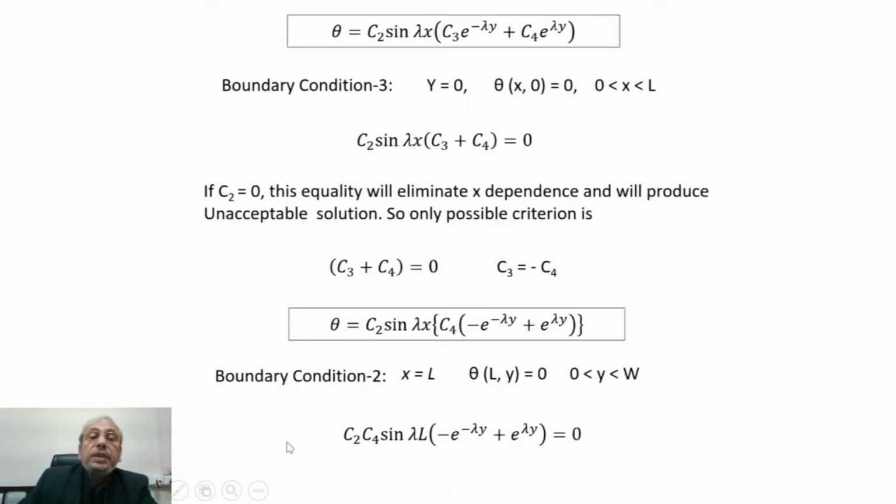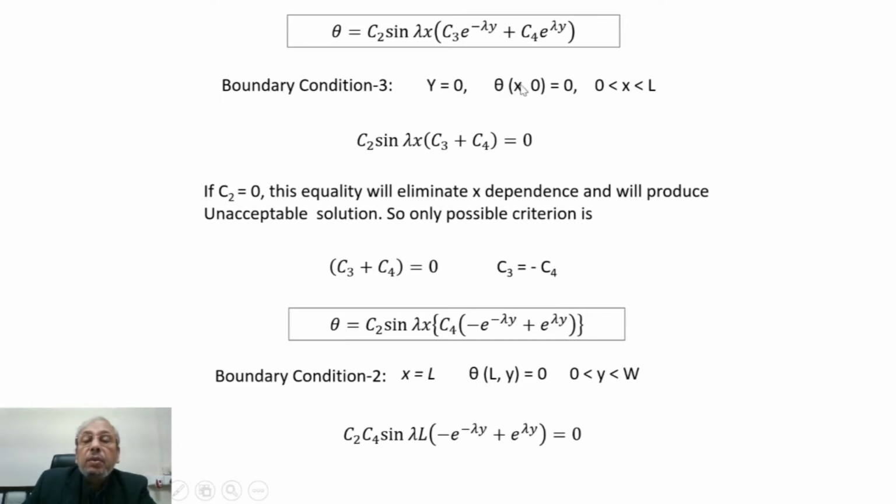Now since theta is C2 sine lambda x multiplied by C3 e to the power minus lambda y plus C4 e to the power lambda y, on this we write boundary condition 3. That means at the bottom of the plate where y equal to 0.